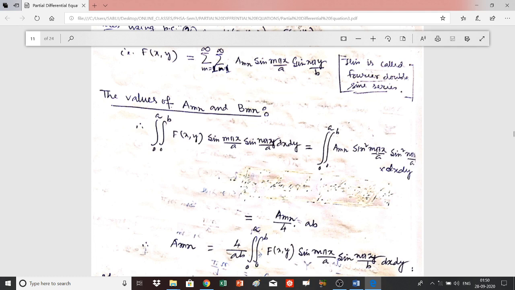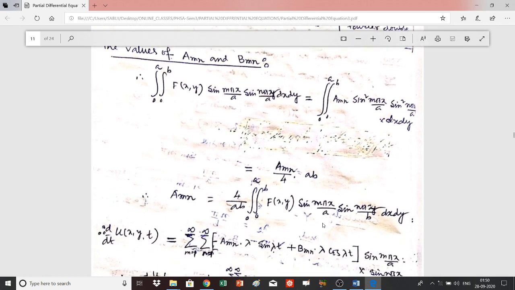If you integrate, the integration of cosine will give you sine terms, and sine terms will vanish in this limit. So there will be only the integration of 0 to a dx and 0 to b dy with the multiplication a_mn. So that will give you a_mn by 4 into ab.